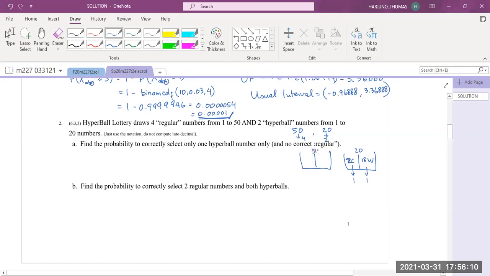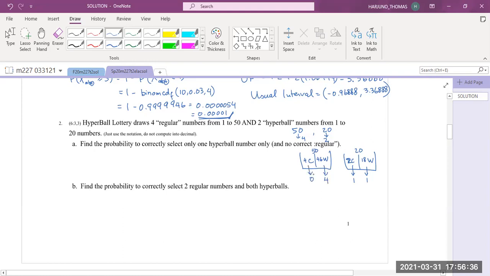Now for the regular ones, there are 50 numbers. You need to select 4 of them correct, which means 46 wrong. But for us to get only one hyperbole number correct means the regular numbers are all wrong. So that's what it looks like.